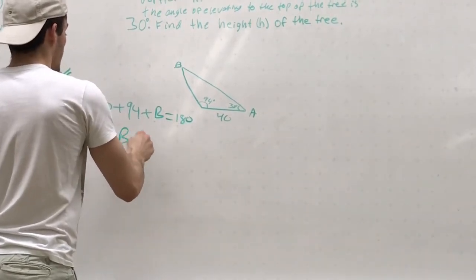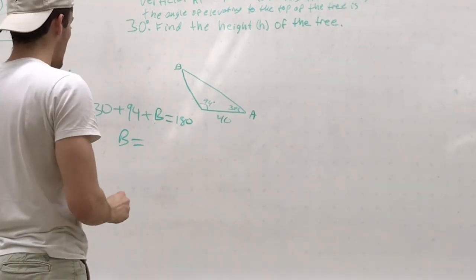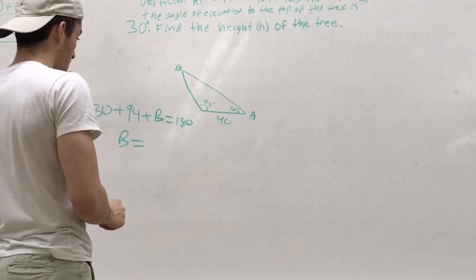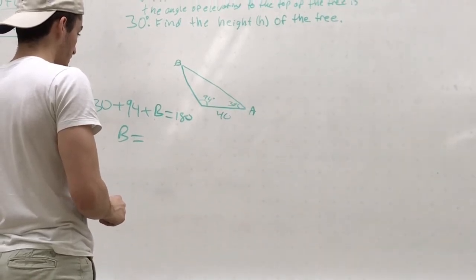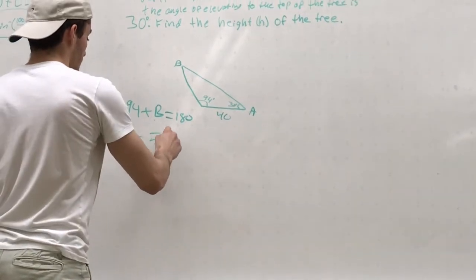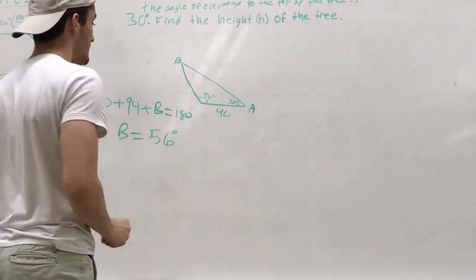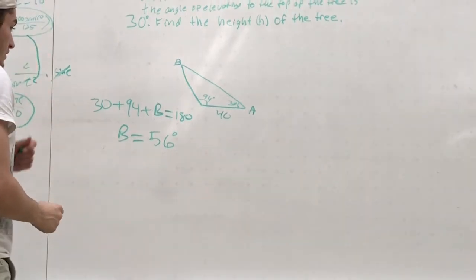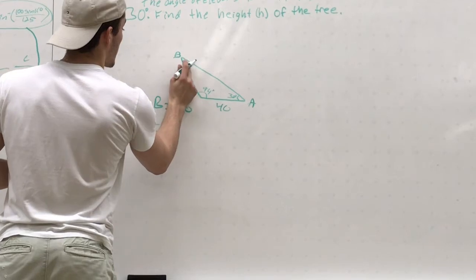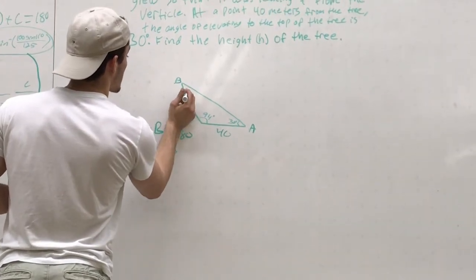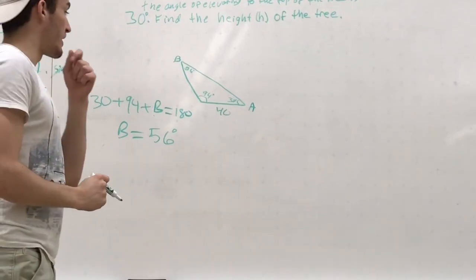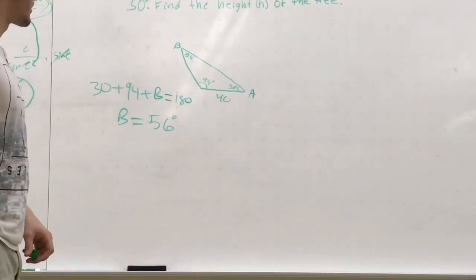So B equals 180 minus 124, so it'd be 56. So B would be 56 degrees. So I'll write that in here. 56 degrees.